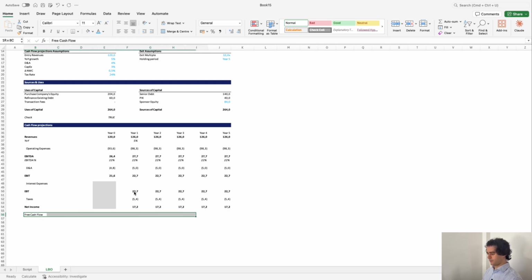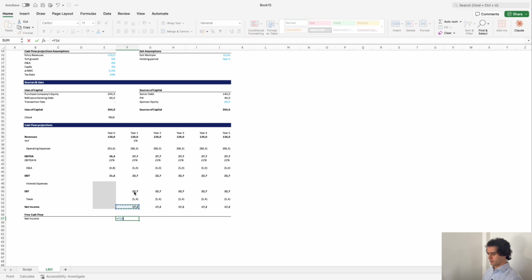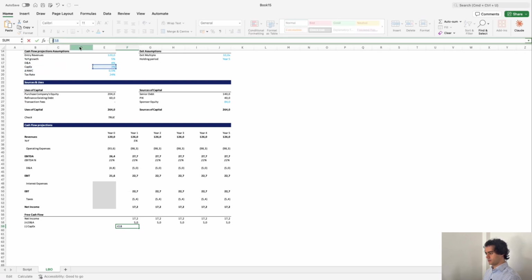To calculate our free cash flow, we first need to start back from the net income. We then need to add back our D&A. We need to subtract CapEx, and we know that CapEx are 3% of revenues.